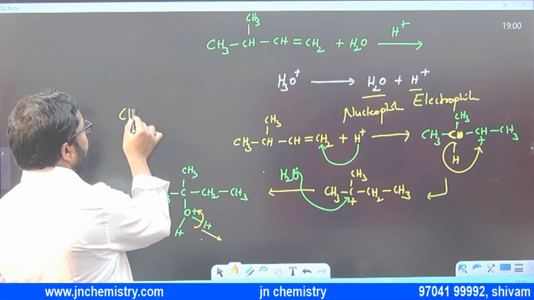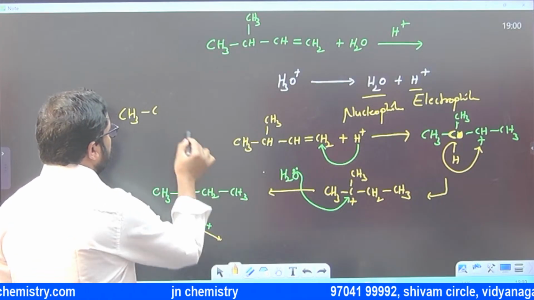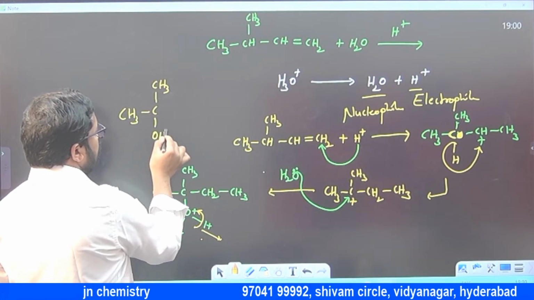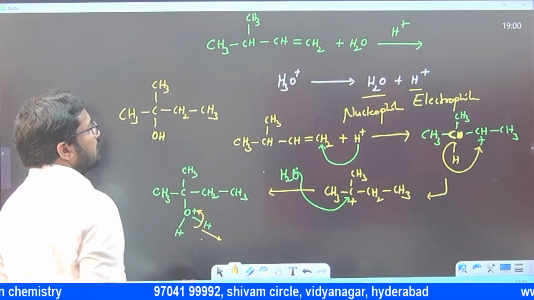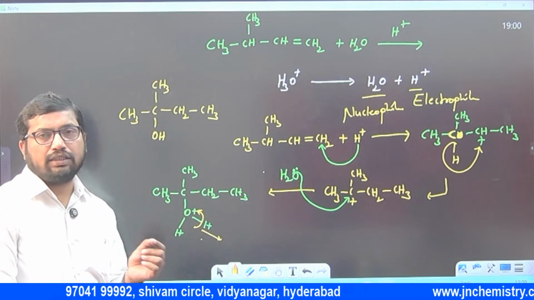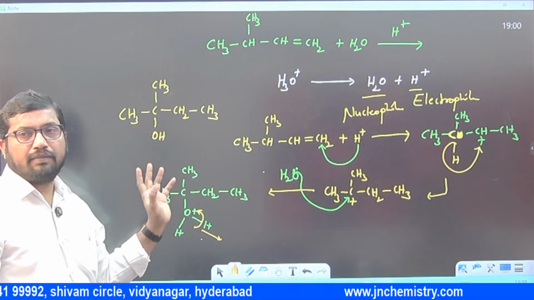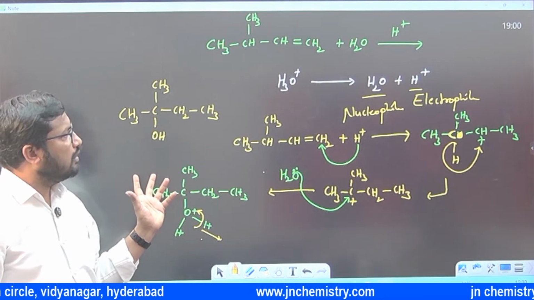So we get CH3, CH3, same as before, with OH in place of Br. Only the proton elimination step is different, otherwise everything remaining is the same.